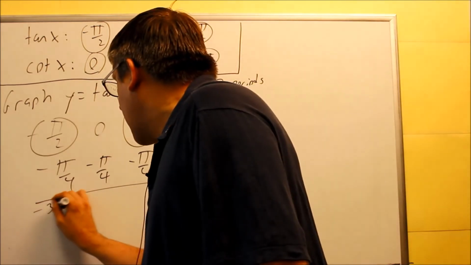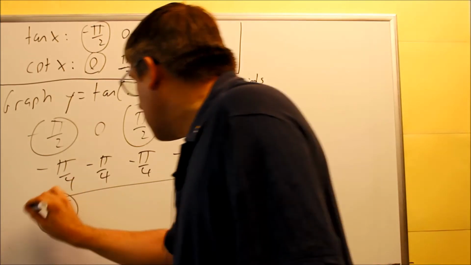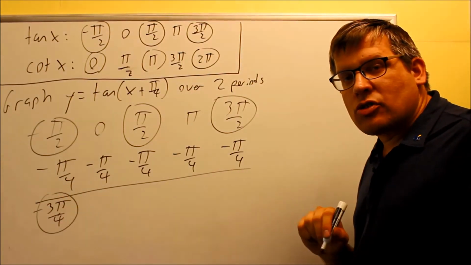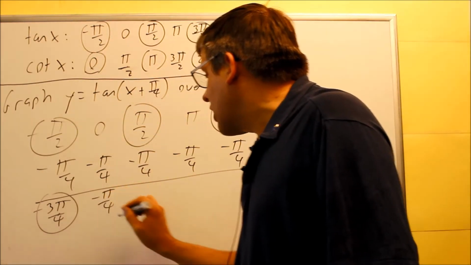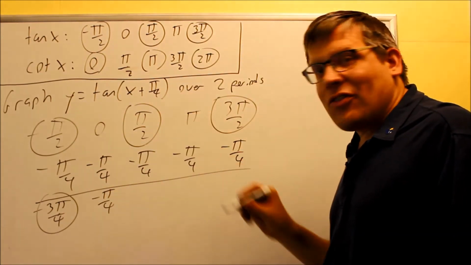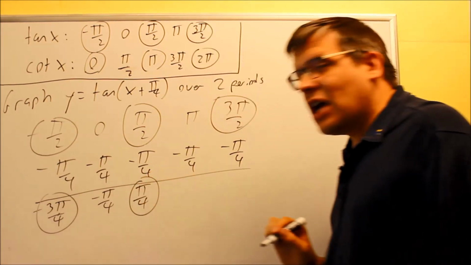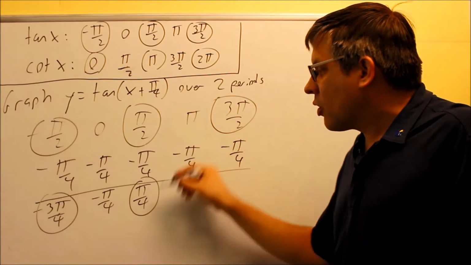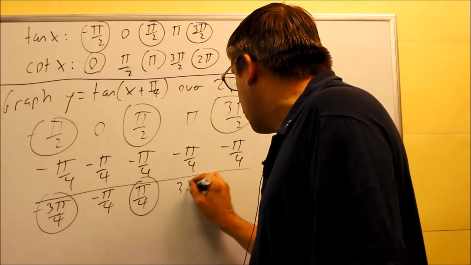This will get negative 3 pi over 4. That's going to get a circle, because that's going to be my new vertical asymptote when I redraw the graph. This one, 0 minus pi over 4, is negative pi over 4. A half minus a quarter, you'll get a quarter. That's another one that's going to have a vertical asymptote. Because this one's circled, that one's going to be circled. Pi minus pi over 4 means that you're going to get 3 pi over 4.